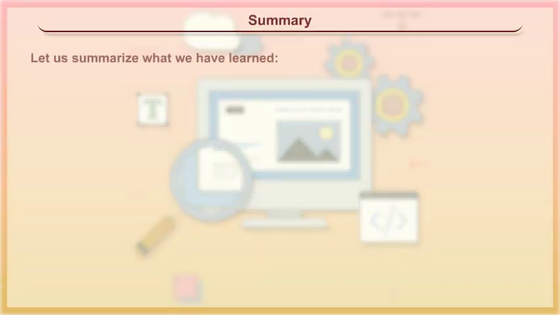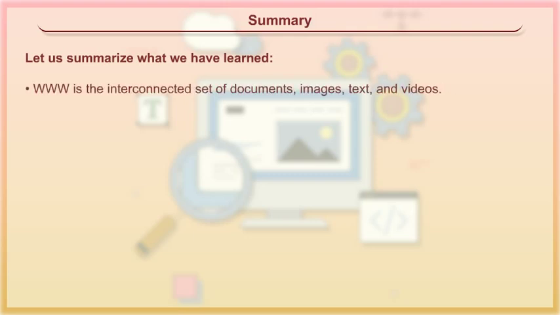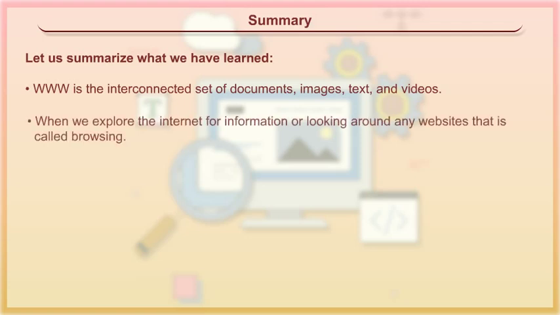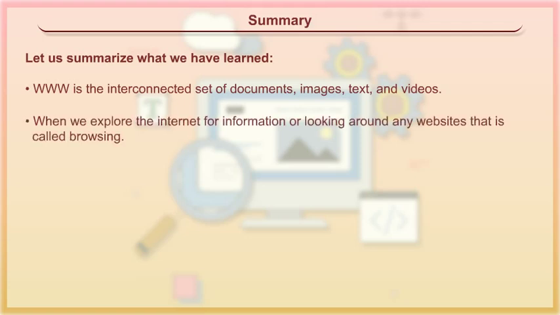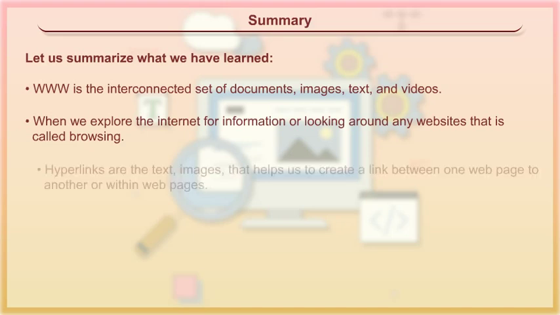Summary. Let us summarize what we have learned. www is the interconnected set of documents, images, text and videos. When we explore the internet for information or look around any websites, that is called browsing.